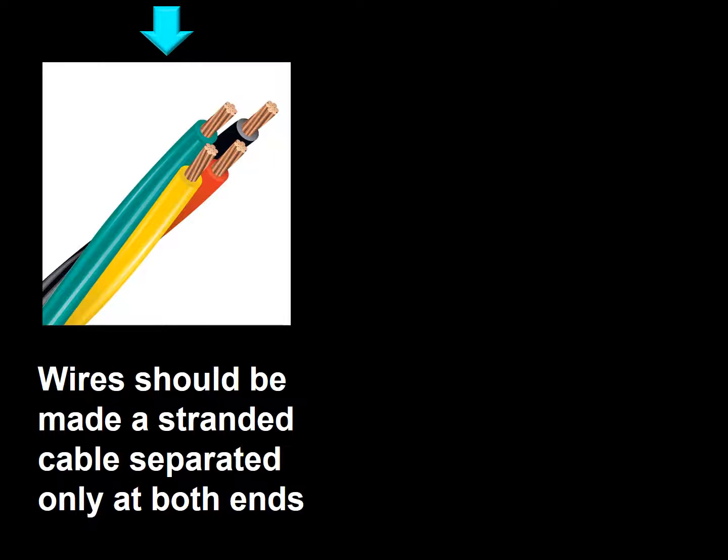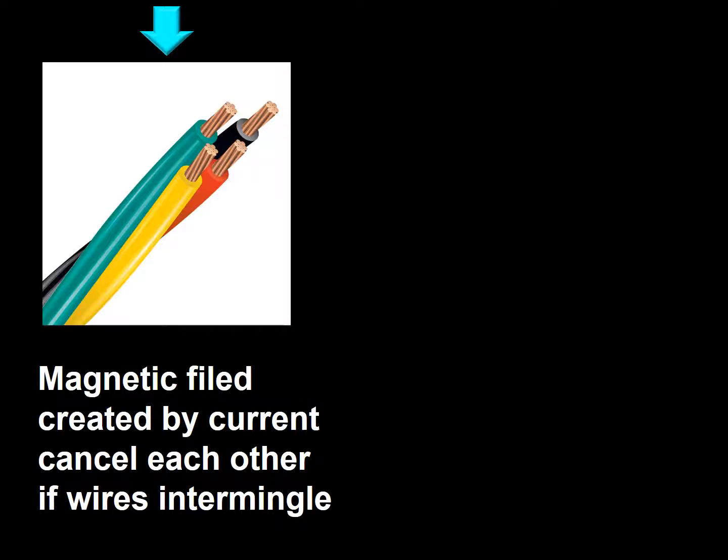It is better to bunch electrode wires in a strand and to only let them separate at both ends. It is better because the magnetic fields created by current through each wound wire cancel each other.